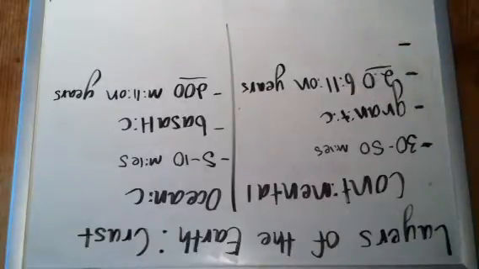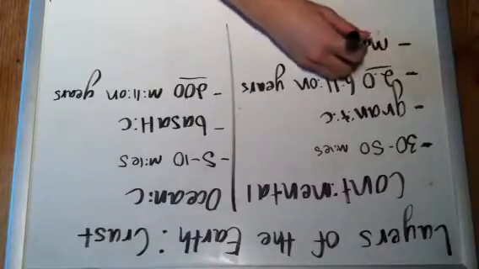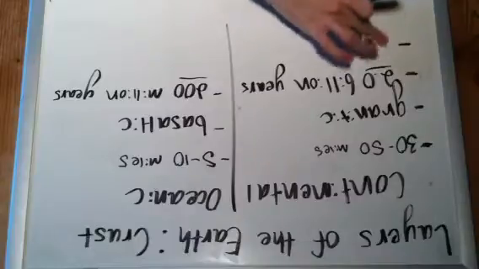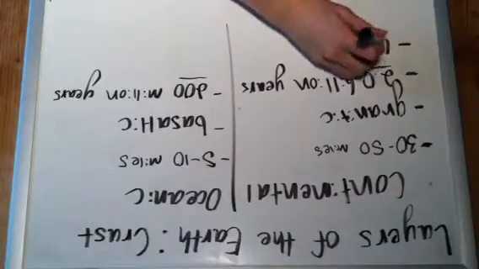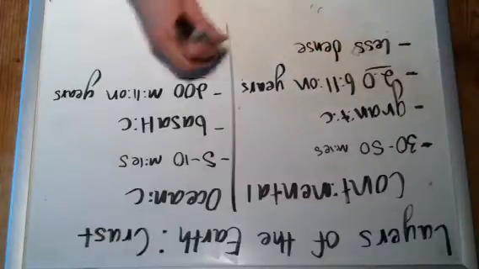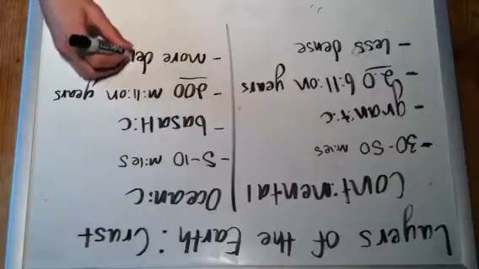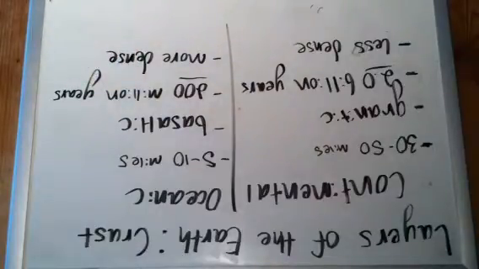And finally, I don't have specific numbers in mind for this, but continental crust is less dense than oceanic crust, and oceanic crust is more dense than continental crust. So oceanic crust is thinner, but it's also more dense.